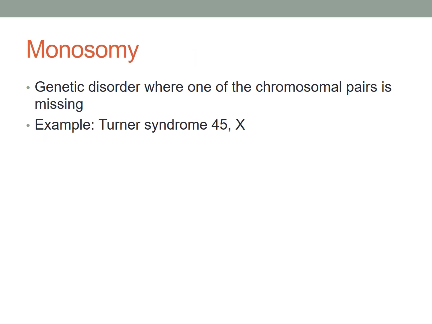Here are some additional terms that you will need to complete the rest of this lab. In a monosomy, this represents the lack of one of the pair of chromosomes. A common monosomy is X chromosome monosomy, known in humans as Turner syndrome, and designated as 45X.